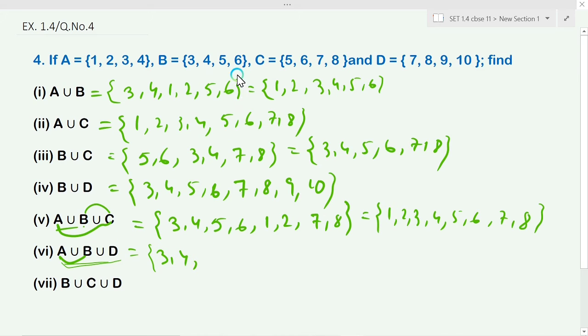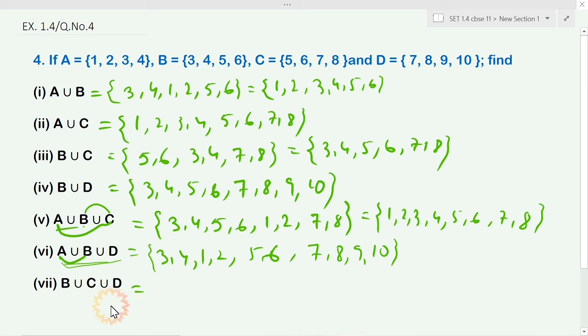Between B and D there is no common element, and also there is no common element between A and D. So just write the other elements, that is 1 and 2 for A, 5 and 6 for B, and 7 8 9 10 for D. Okay.